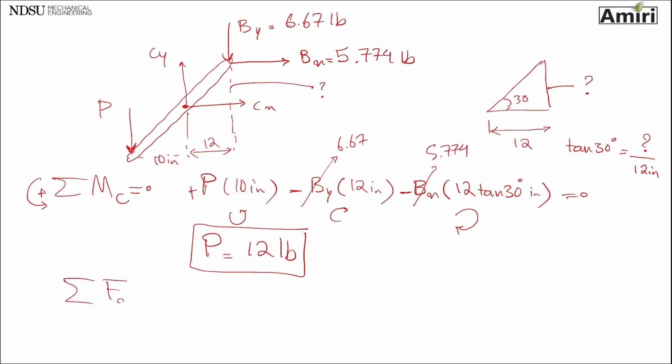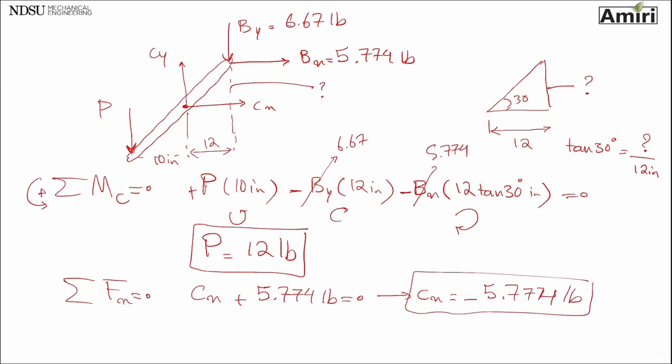Rest is easy. Summation of forces in x being 0, so Cx plus Bx, which is 5.774 pounds, is 0. So Cx is minus 5.774 pounds. I'm not following the 3 significant rules here, but if this is your final answer, you need to present it as a significant figure.